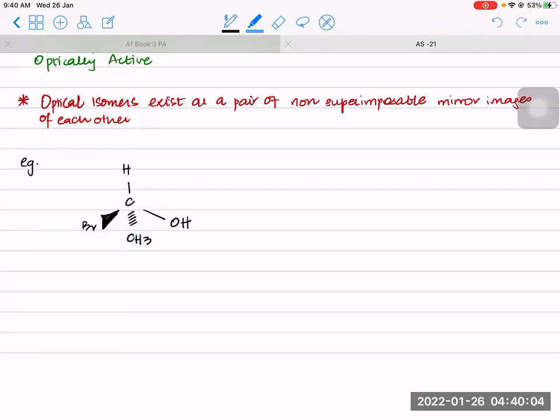No. This carbon has 1, 2, 3, 4 sigma bonds, and all 4 are different. All 4 atoms or groups attached are different. So can this be chiral? Yes. Can this show optical isomers? Yes. So this right here is a chiral carbon, and a chiral carbon will show you how many optical isomers? 2.